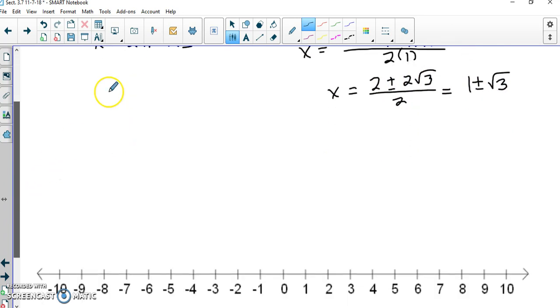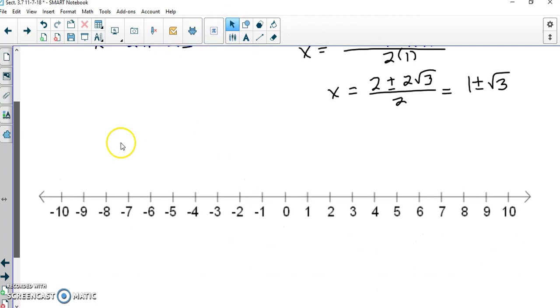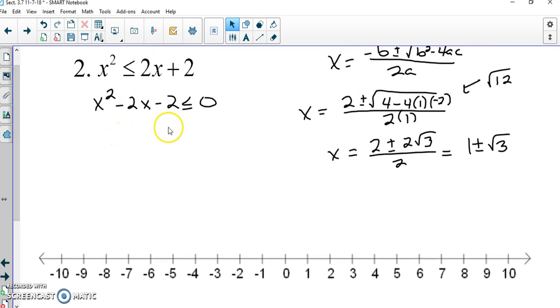All right, well, that is a real number. And so 1 plus square root of 3 and 1 minus square root of 3 is where we want to go. So square root of 3 is about 1.7. So 1 plus square root of 3 would be about 2.7, right around there, if I remember right.